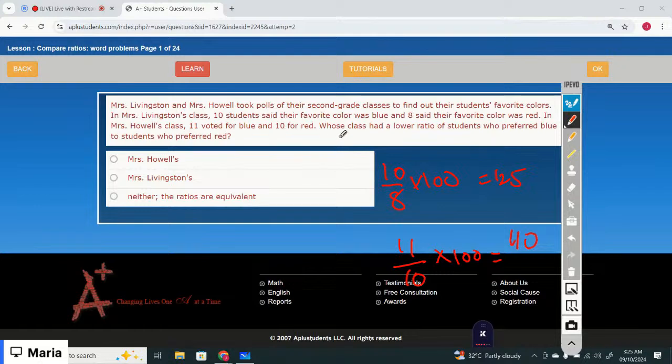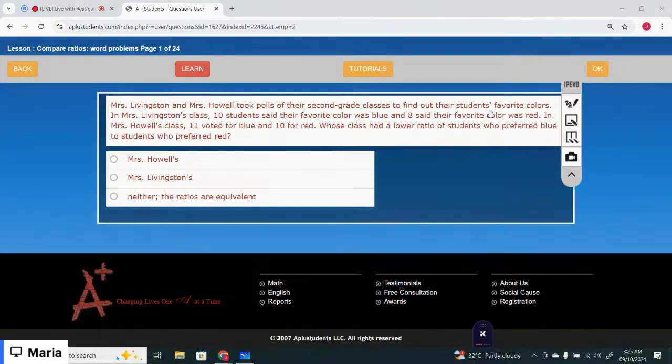You have to see whose class had a lower ratio. So the 11 to 10 has the lower ratio. The 11 to 10 is Mrs. Howell's class. So the correct option is Mrs. Howell's. Got it? Option number 1 is the correct option. Got it?